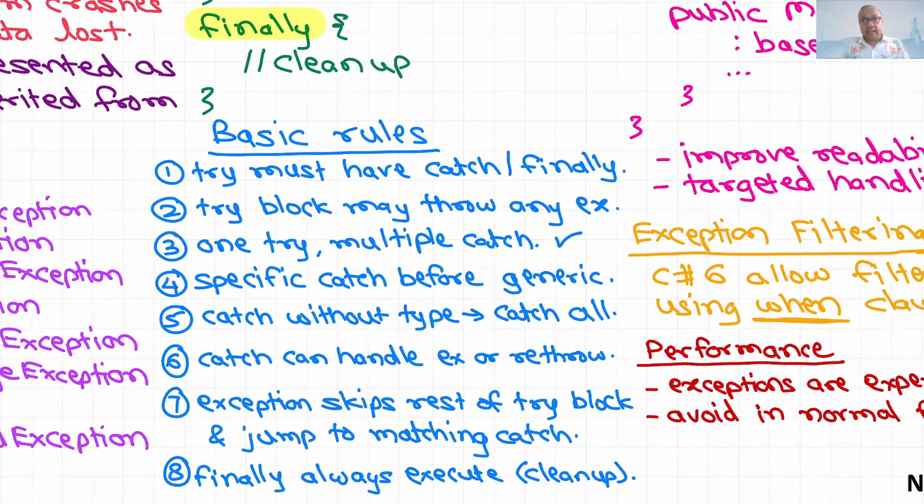The specific catch must be written before generic catch. So you noted that we had written the format exception and divide by zero exception before a simple exception, because the divide by zero and format exception are derived classes, and only exception is a base class. So it should always be written as the last block.